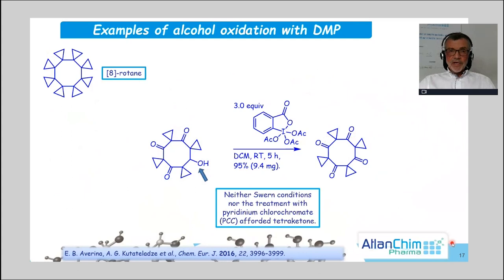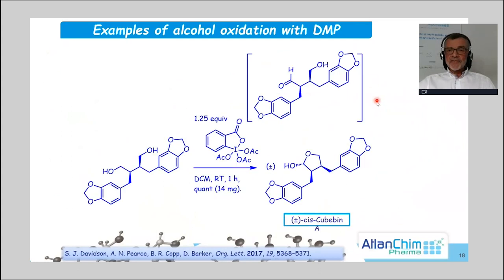In the synthesis of this racemic lignan, this mesodiol was treated with a slight excess of Dess-Martin's reagent to give this lactol as a major diastereoisomer at the anomeric position in a quantitative yield.